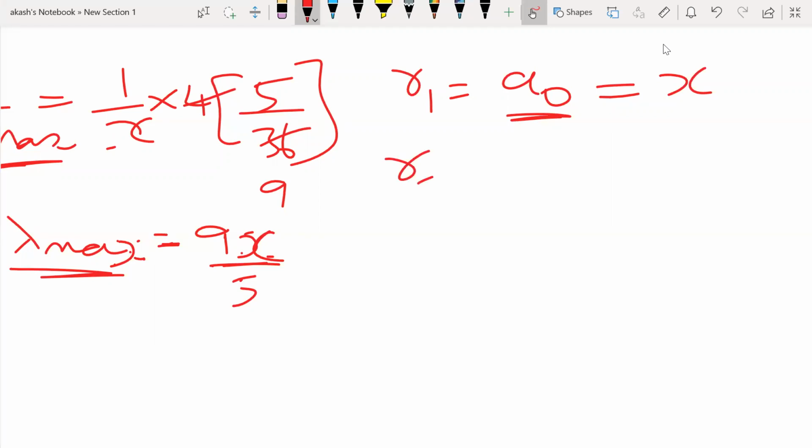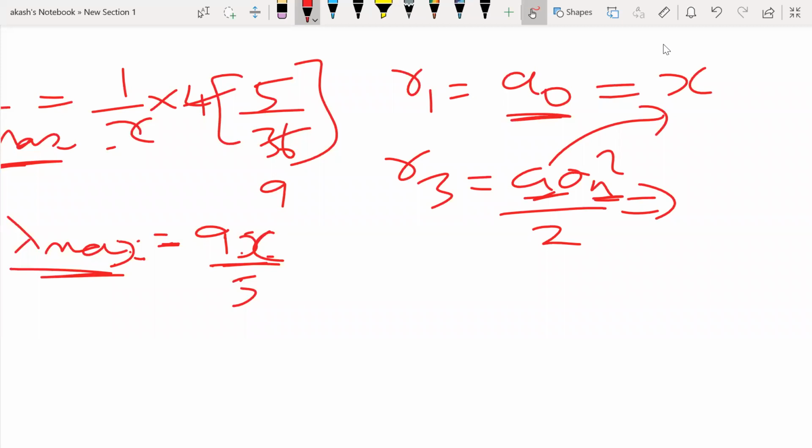Now, if I go for R3, that is the radius of the third orbit, because we're talking about the third orbit here, it is a naught n squared divided by z. Z is 1, n is 3. So a naught is x, so it will be 9x. This is the radius of the third orbit, 9x, or 9 a naught, whatever it is.